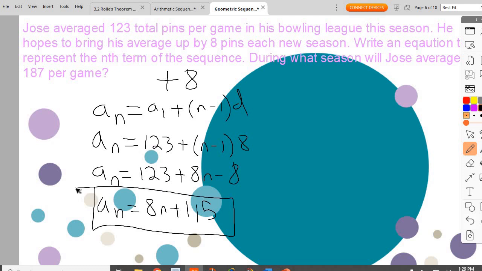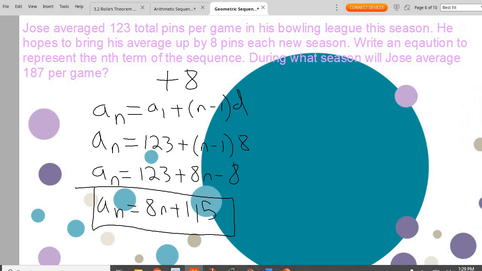And then what do we want to do with it? That is our general equation, because the n represents whatever term we're trying to find. So we want to plug 187 in for a sub n, because that's the total, the amount that we're trying to get to.